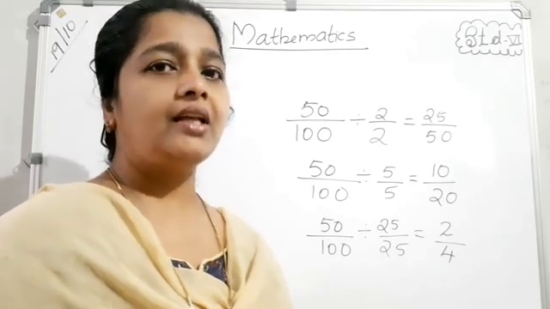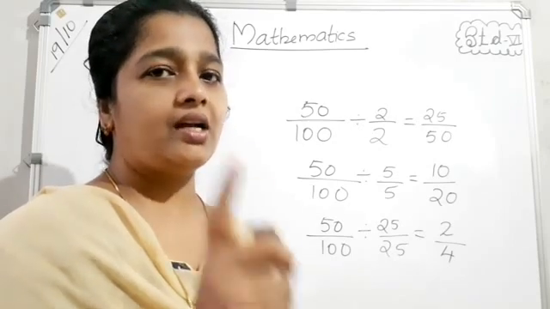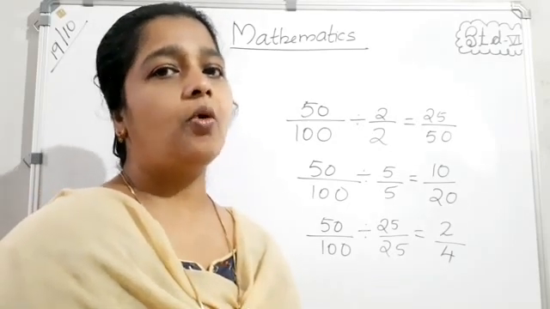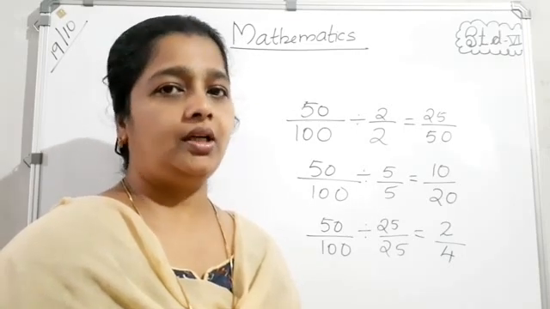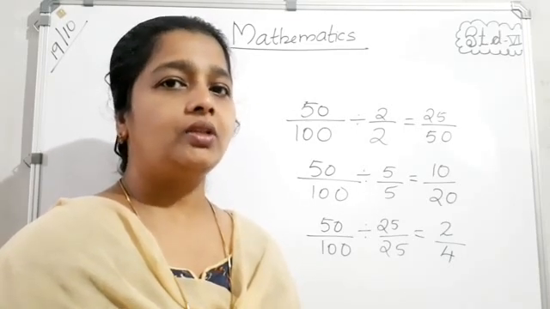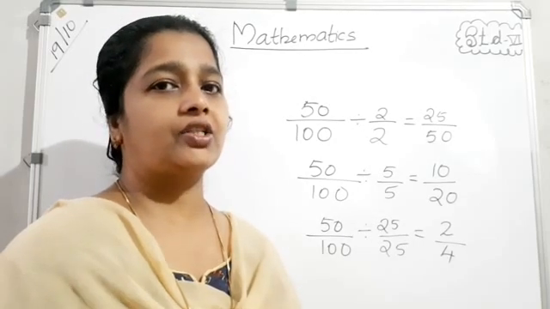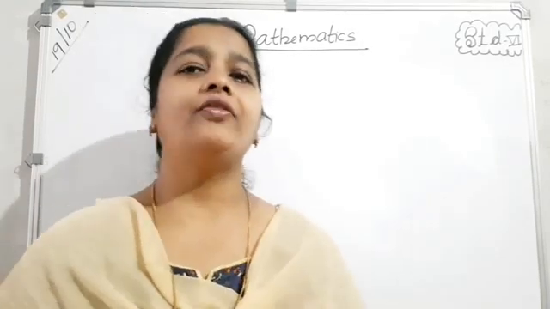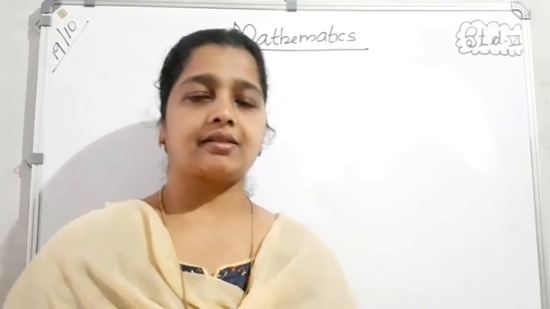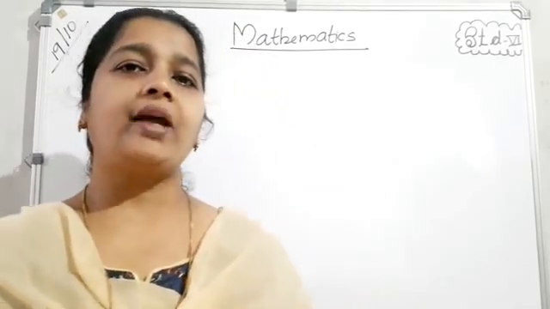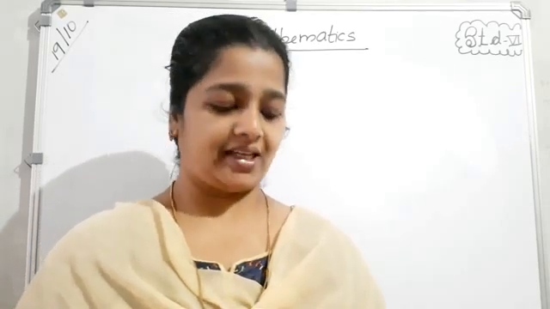But we can take any number. One condition is there: multiply or divide both the numerator and denominator by the same number only. Yes. So these are the equivalent fractions. All of you take your textbook, page number 146.